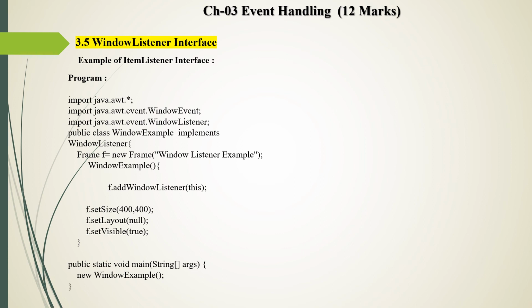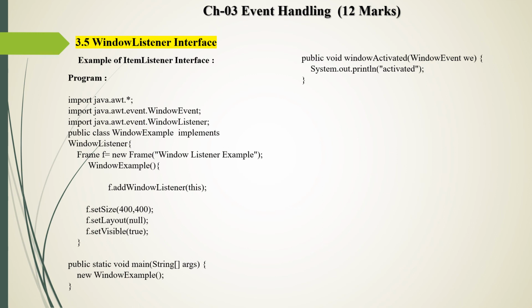Then we define our seven methods related to the window listener. First method is public void windowActivated, which has one parameter, an object of the WindowEvent class. When this method is executed, the message displayed in the command prompt is activated.